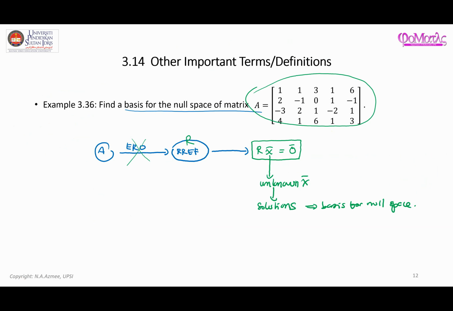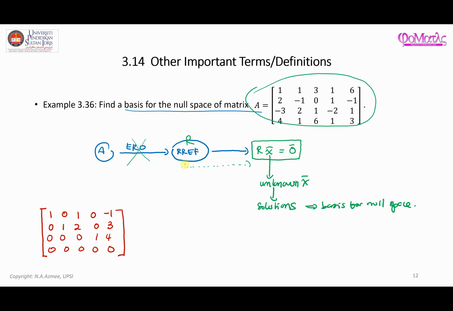Okay, and then we will have 0 0 0 1 4, and finally it's just all zeros. So this is already in RREF form, so we have arrived at this stage already. So we will consider this matrix here as R.